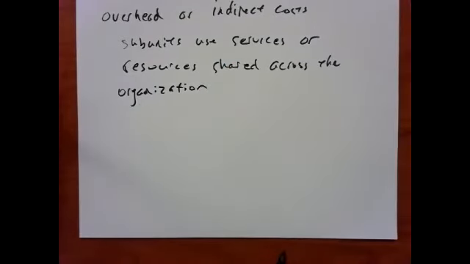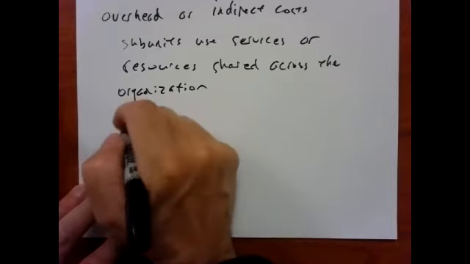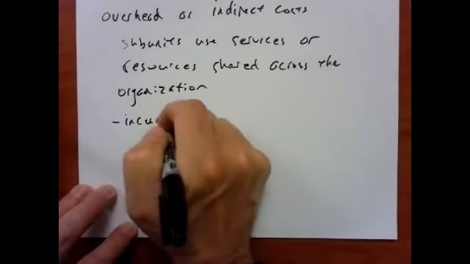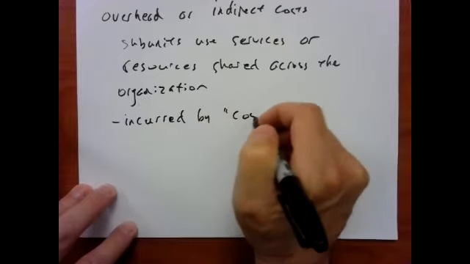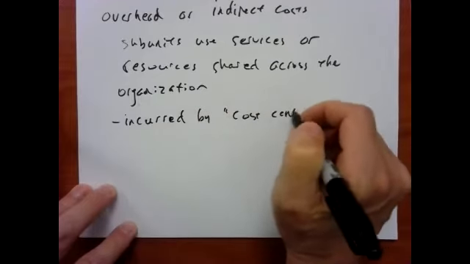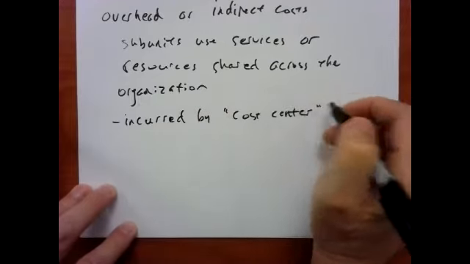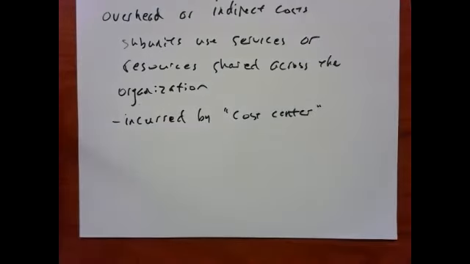So these costs are incurred by what we're going to refer to as a cost center, but they are used by subordinate units.